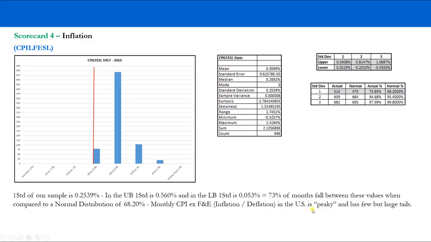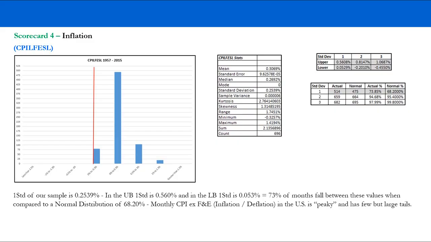What we get to in terms of concluding in this distribution relative to a normal distribution is that essentially much more positive data, similar to the CPI including food and energy prices. But also the distribution, so CPI ex food and energy, inflation or deflation in the US, the distribution relative to a normal distribution is peakier and has fewer but much larger tails versus a normal distribution.